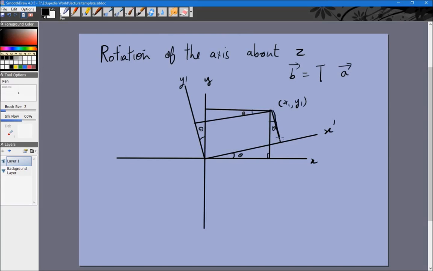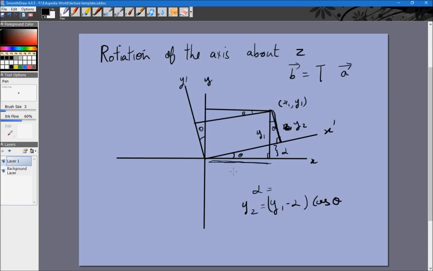So this distance is y2. This total distance is y1. I think you can see from this figure, let's call this distance alpha. Because this angle is 90 degrees, y2 is equal to (y1 minus alpha) times cos theta. Right, this side is y1 minus alpha, which is the hypotenuse. Now what is alpha? What is this side?